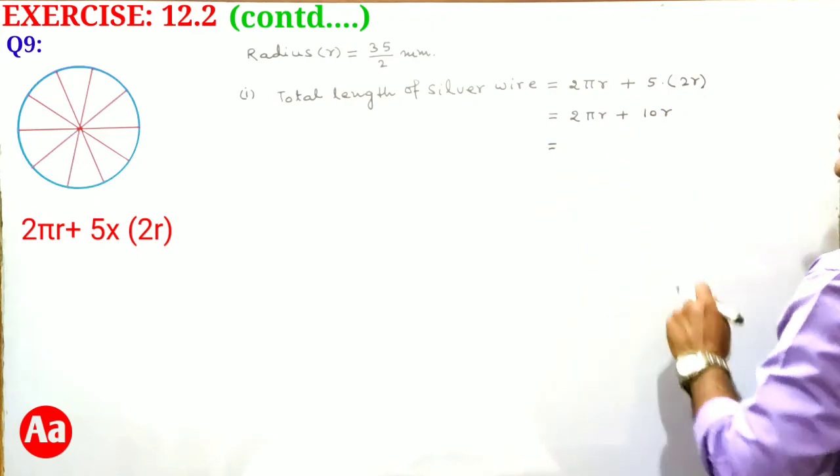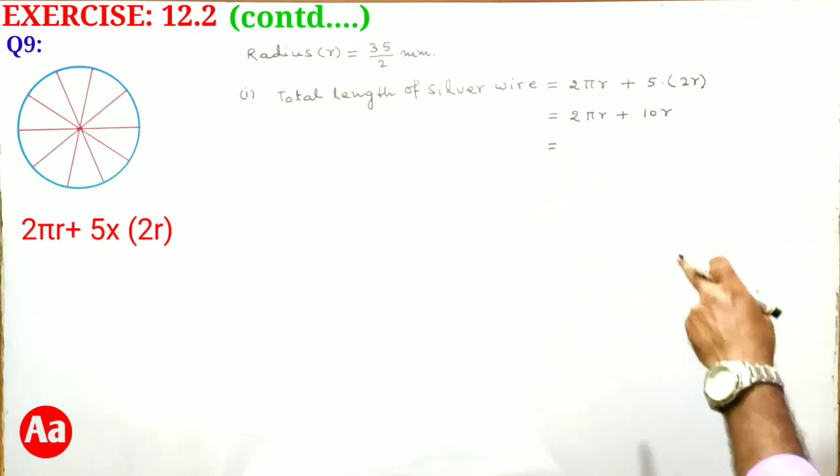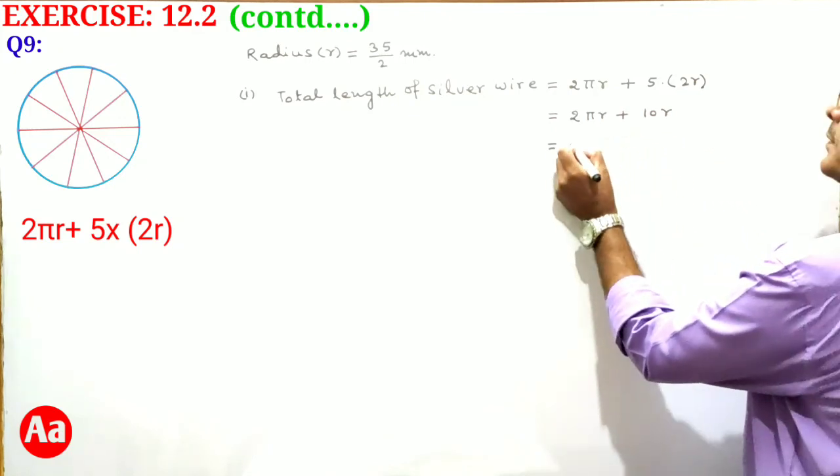Now let's put value of pi and radius of the brooch.